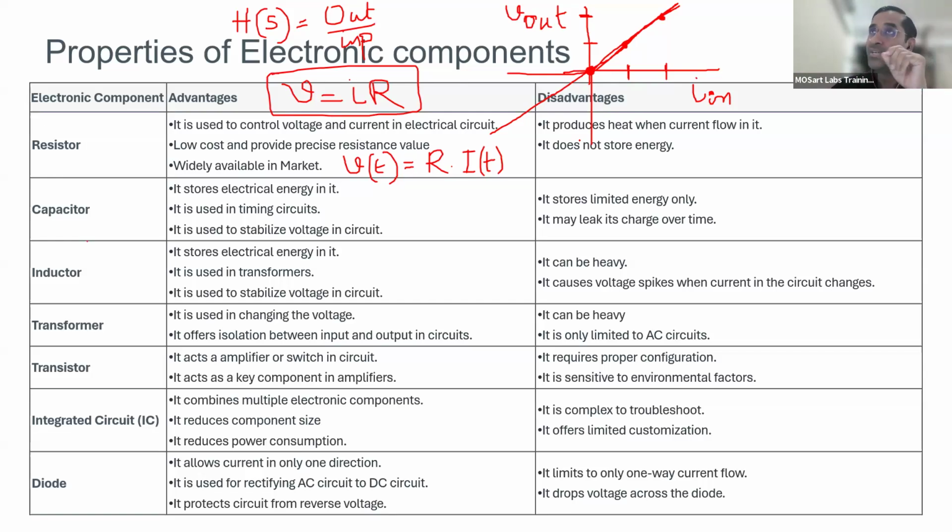Sometimes you need to ask, what happens when my time is infinity? As an example, sometimes you are asked to draw voltage as a function of time, V of t, and the x-axis is time.